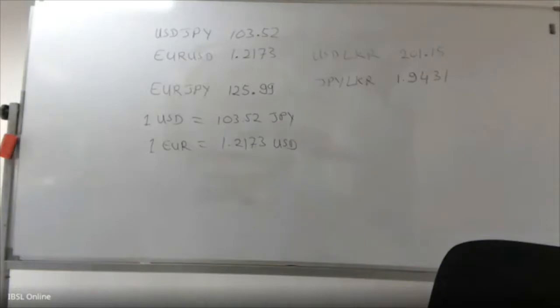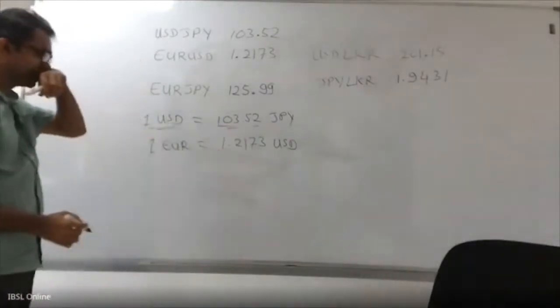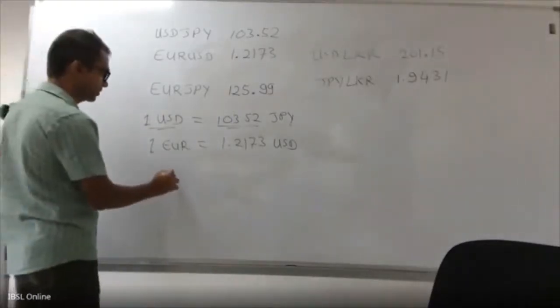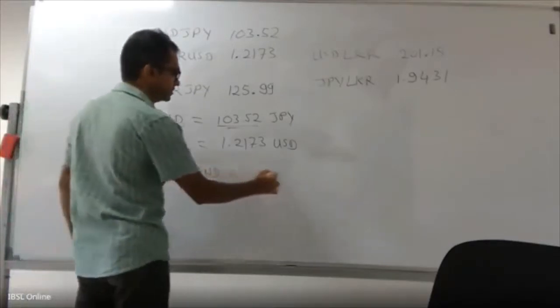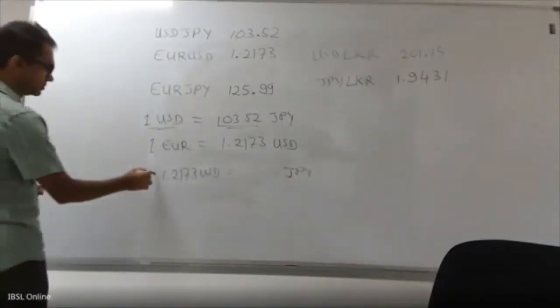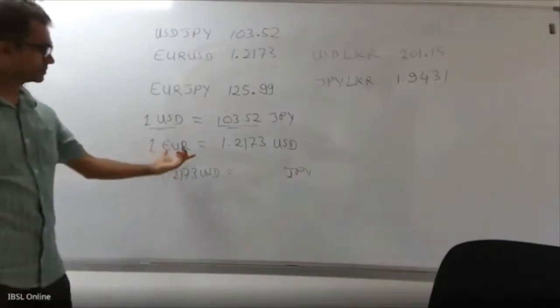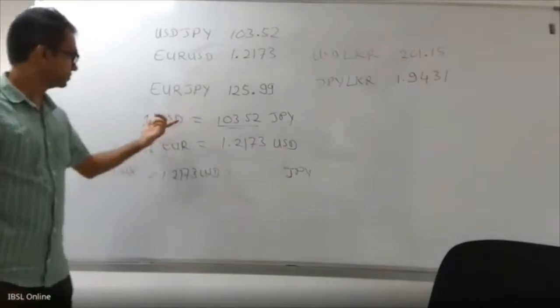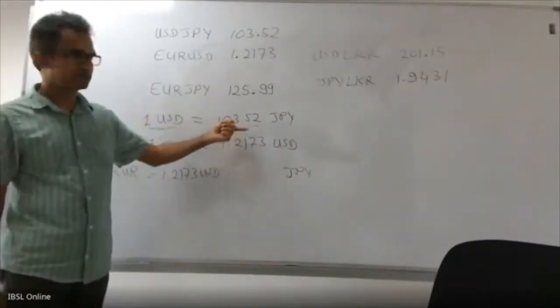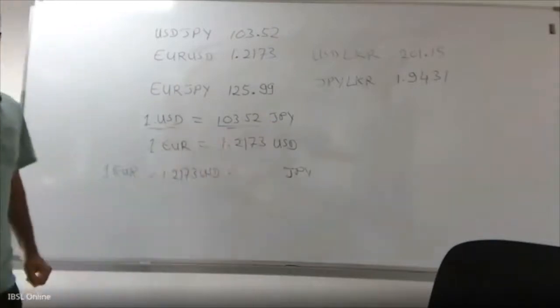Then if $1 equals 103.52, what is the value of 1.2173 USD in yen, which is equal to €1? Is it correct? €1 equals 1.2173 dollars. You know the value of $1 in terms of yen. Then what is the value of this many dollars in terms of yen? How do you get it?